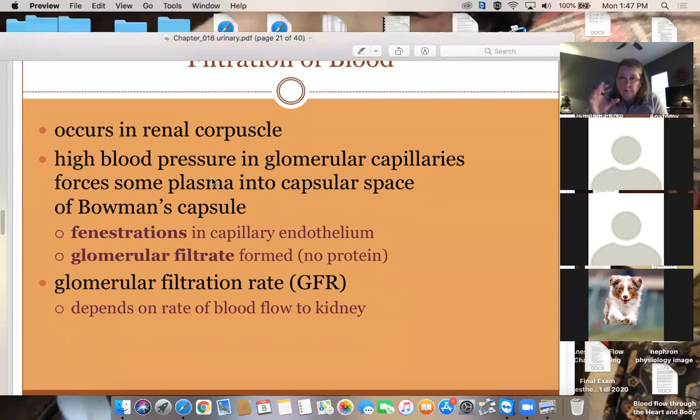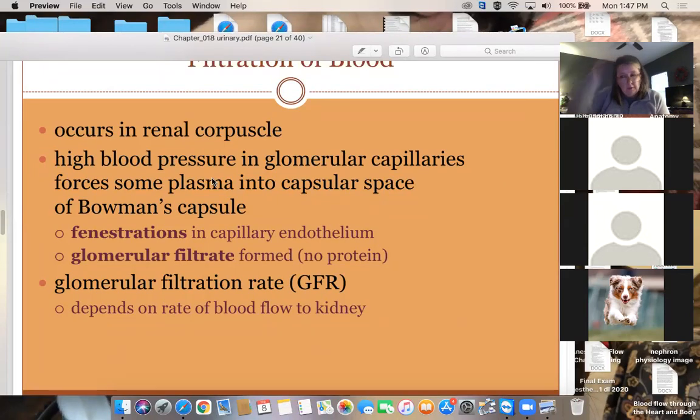What is the rate of production of filtrate? Now, arterial blood is under pressure, blood pressure, okay? Normal blood pressure, blood is going to come in and naturally, because the glomerulus is under pressure, things get pushed out. Now, the glomerular filtration rate depends on the blood flow to the kidney.